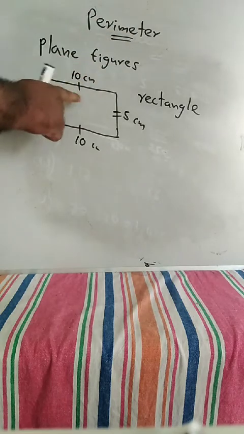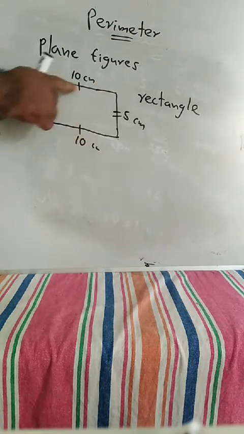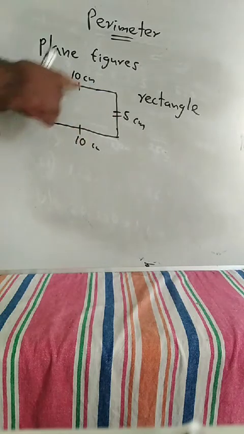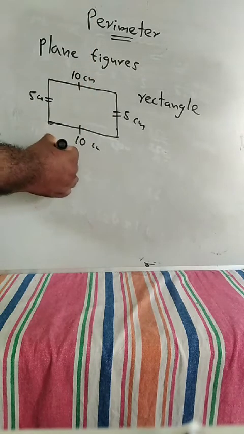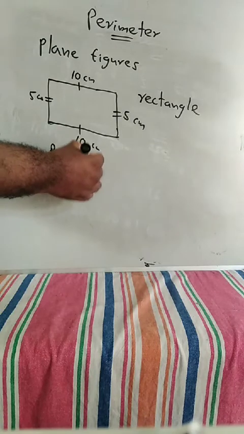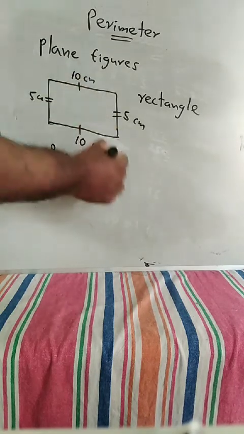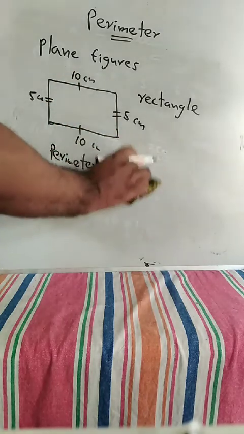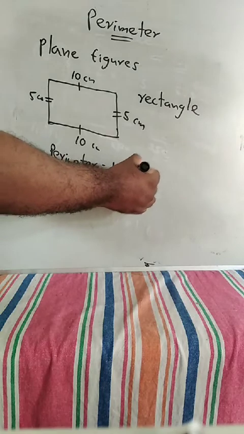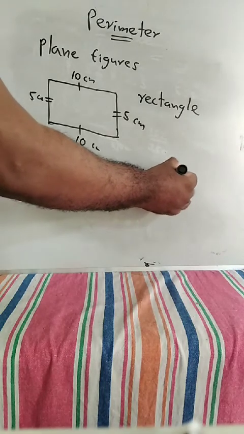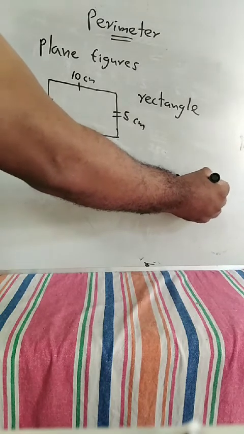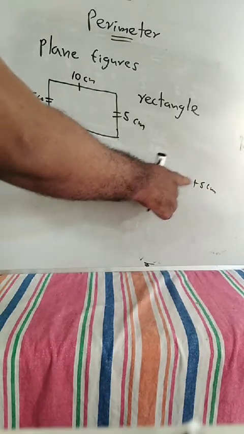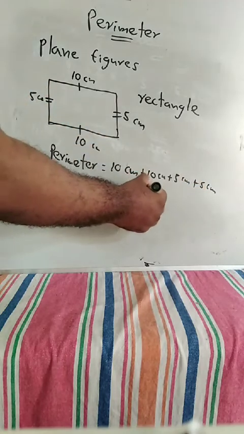If you want to find the perimeter, you should add every length, the sum of all lengths. The perimeter of this rectangle is 10 centimeters plus 10 centimeters plus 5 centimeters plus 5 centimeters. 10 plus 10 is 20, 20 plus 5 is 25, plus 5 is 30 centimeters.